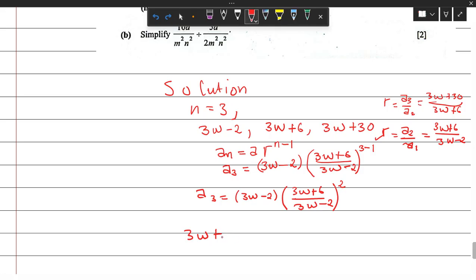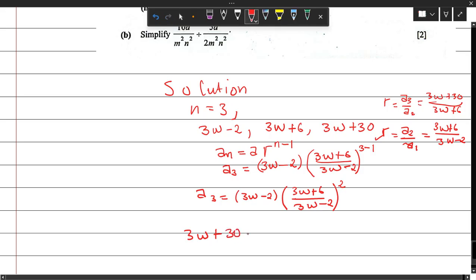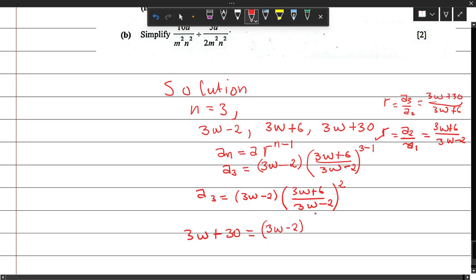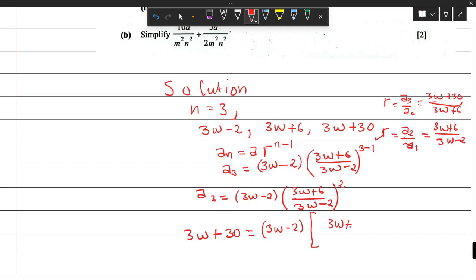So 3W plus 30 equal to, so we have 3W minus 2. This is A. Then this is squared, so meaning we have two sets of this. I can just rewrite it like this. We have 3W plus 6 over 3W minus 2, and another one because it's power 2, so meaning they squared.